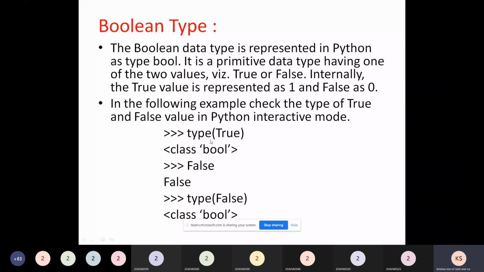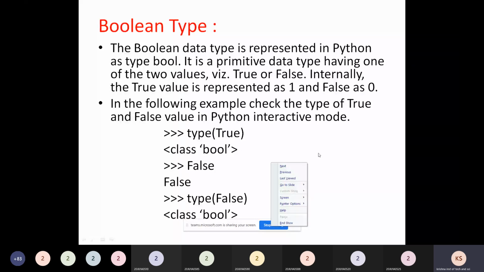Bool has only two values, true and false. If you enter false, you get the output false. And the type of false is also the Boolean data type. So these are numeric data types.